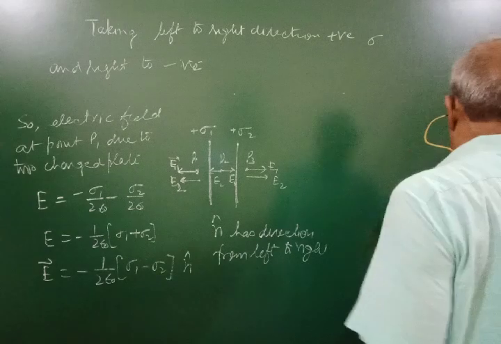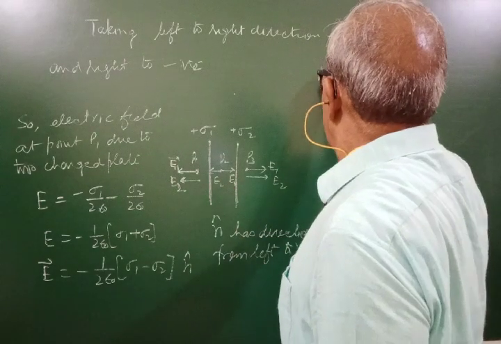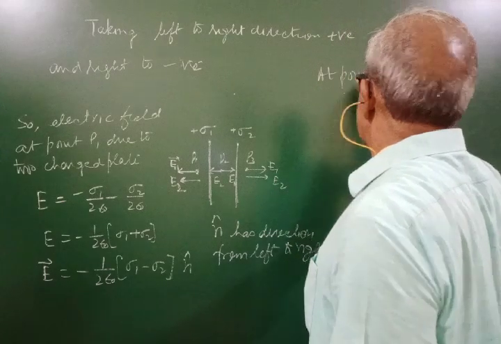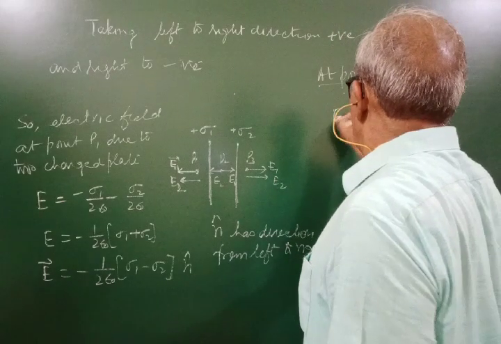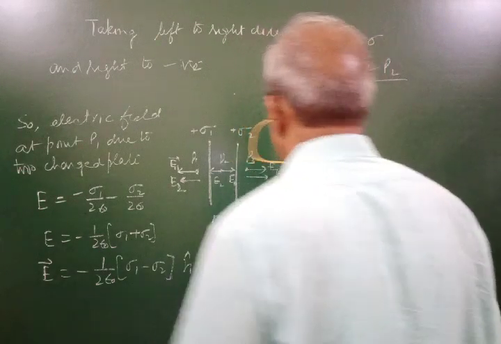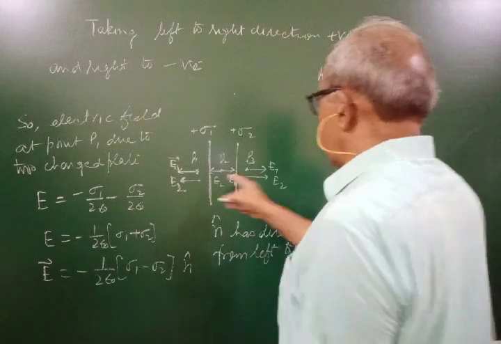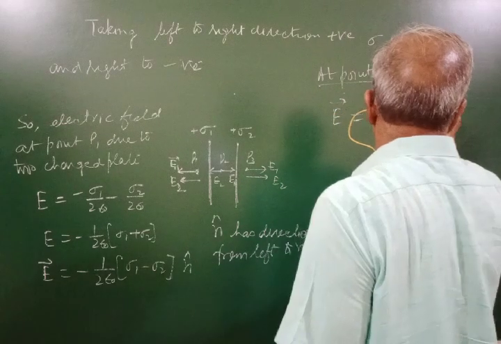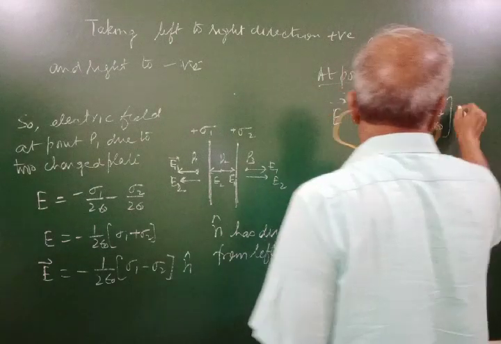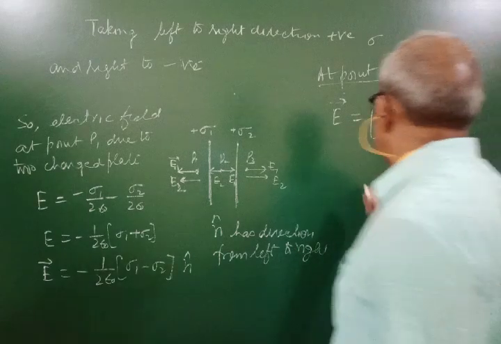Now at point P2, between the two plates, E is equal to, I should write directly in vector form, sigma 1 upon 2 epsilon 0 positive E1 minus sigma 2 upon 2 epsilon 0 n cap. Again n cap, the same unit vector pointing left to right.